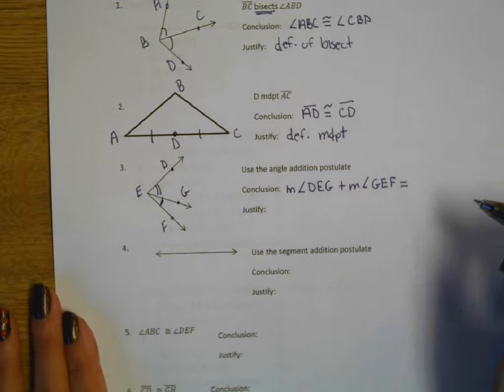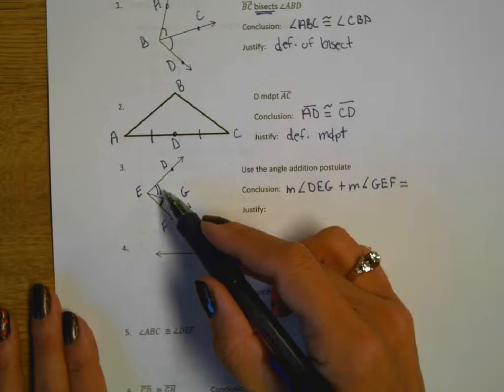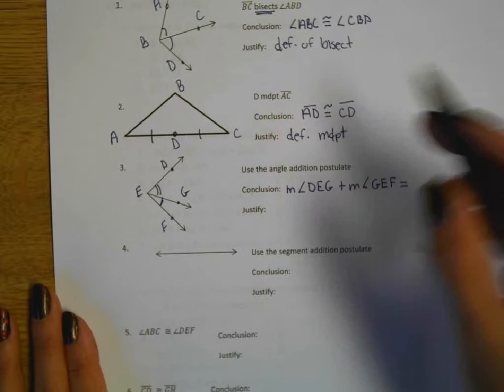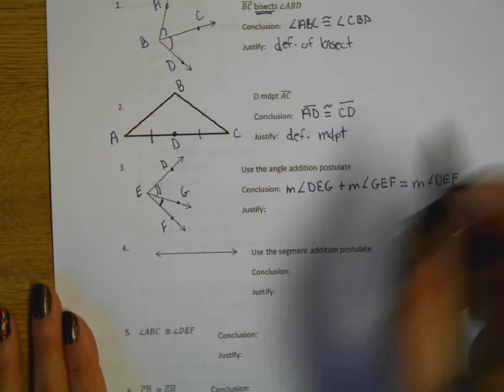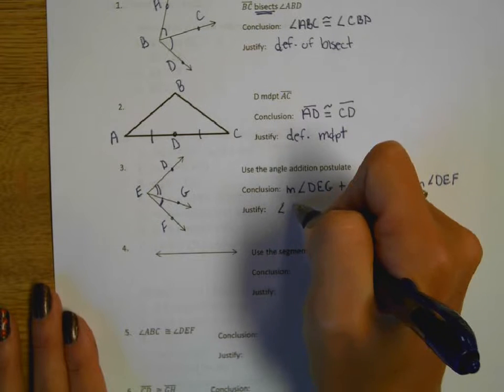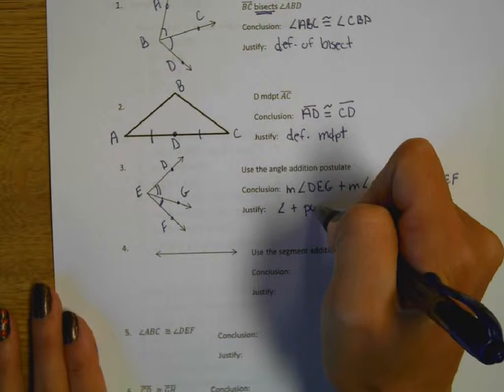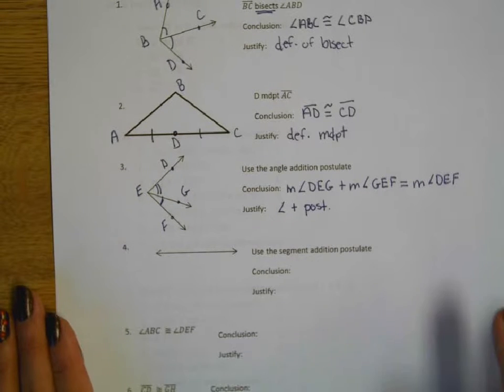What should those two measures equal? The measure of angle DEF. So you're putting the two smaller ones together to equal the big one. And our justification is, I gave it to you up here, it's the angle addition postulate. And we did one like that yesterday in the notes.